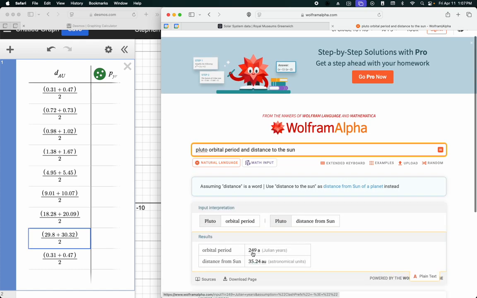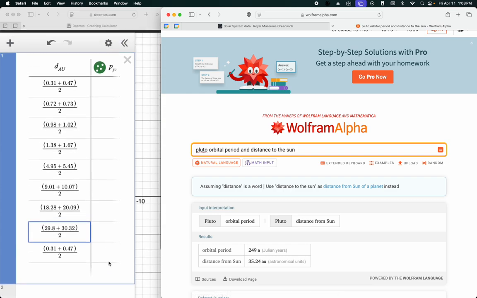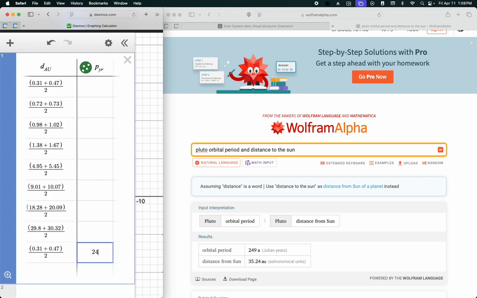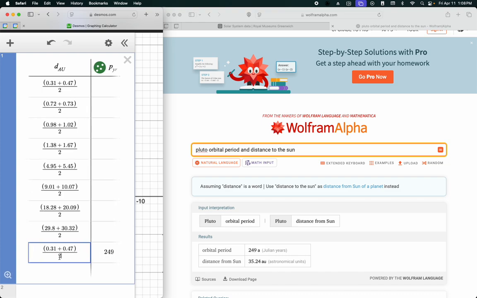So orbital period is 249 years. So in your last column here, for period you can do 249, and for distance you can just put in that figure of 35.24.